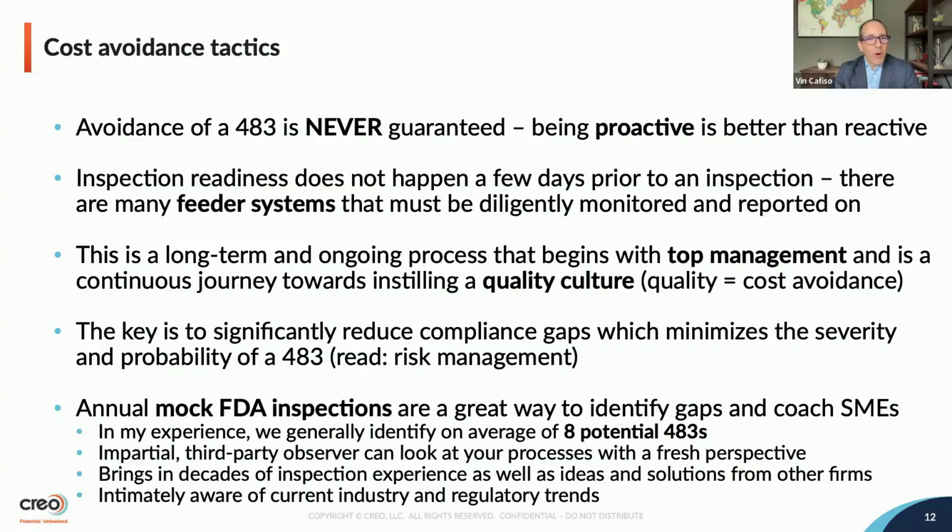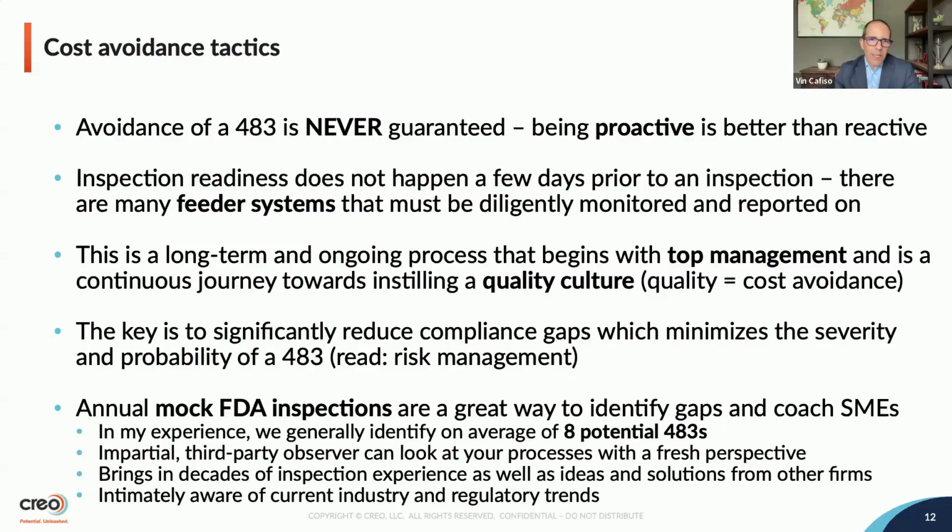Usually when you do wrong things, it results in product that has to be scrapped, or product that has to be recalled. So weaving quality into the fabric of your system and your culture is really the best way to do that, and it really has to start early. If you're doing this day in and day out, doing your audits and monitoring your feeder systems, this is going to significantly reduce your compliance gaps.